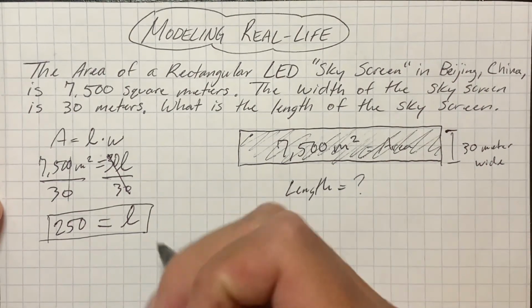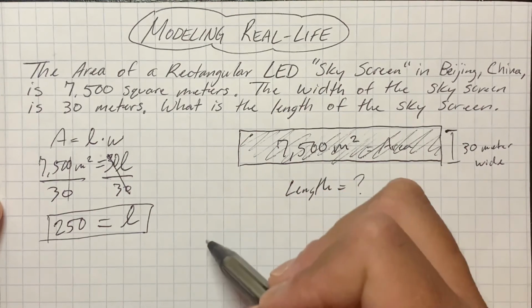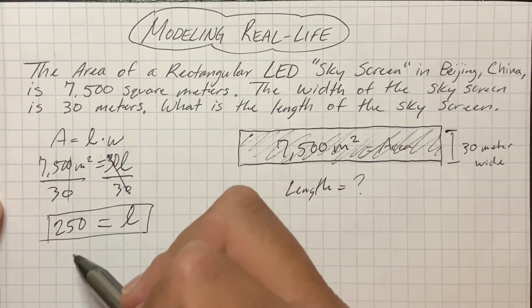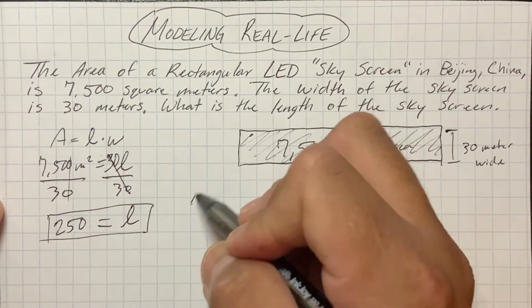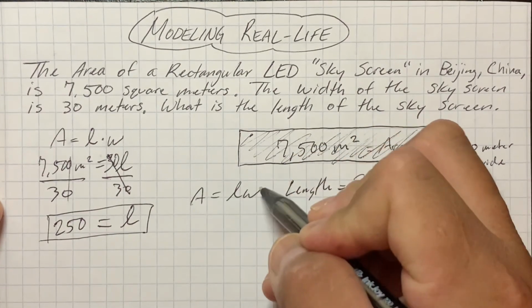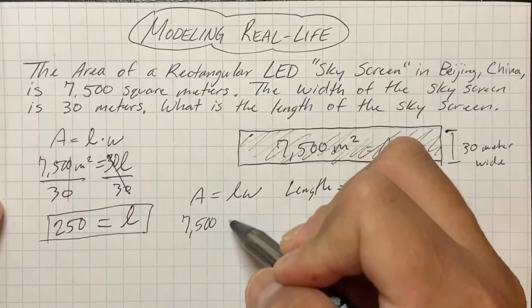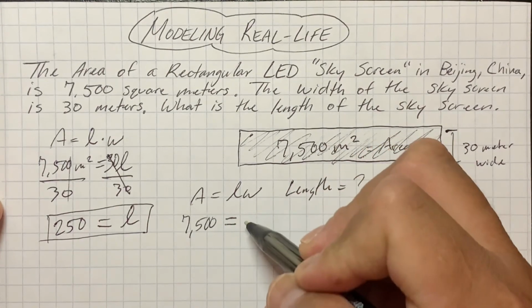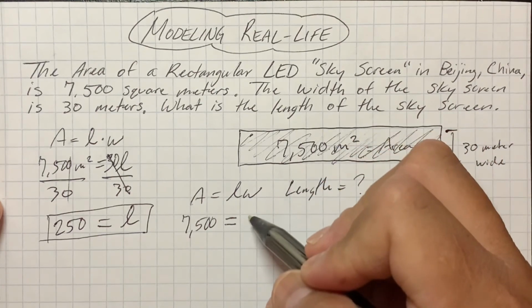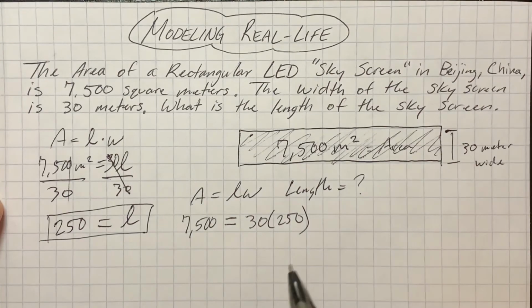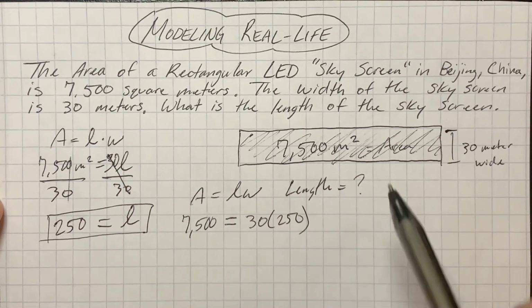But let's check this. Let's check by inserting the 250 for L. The area equals length times the width. This area is 7,500 meters squared. And then 30 times 250, because that's the length for the sky screen.